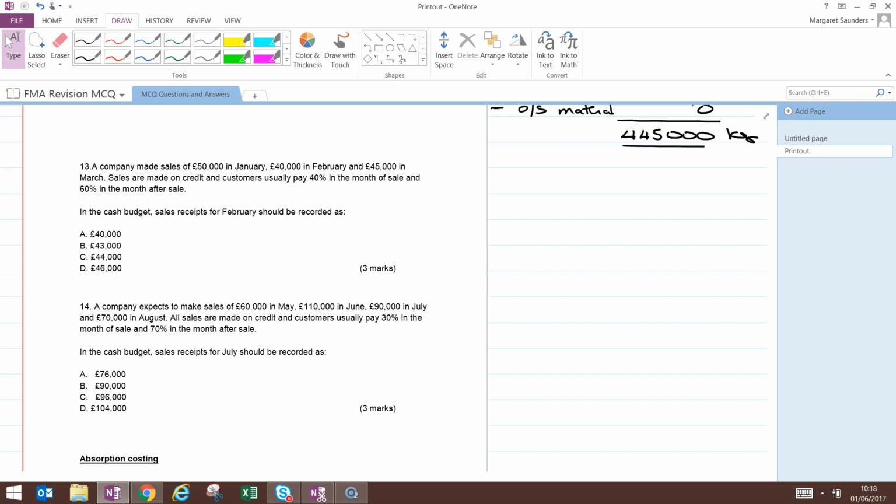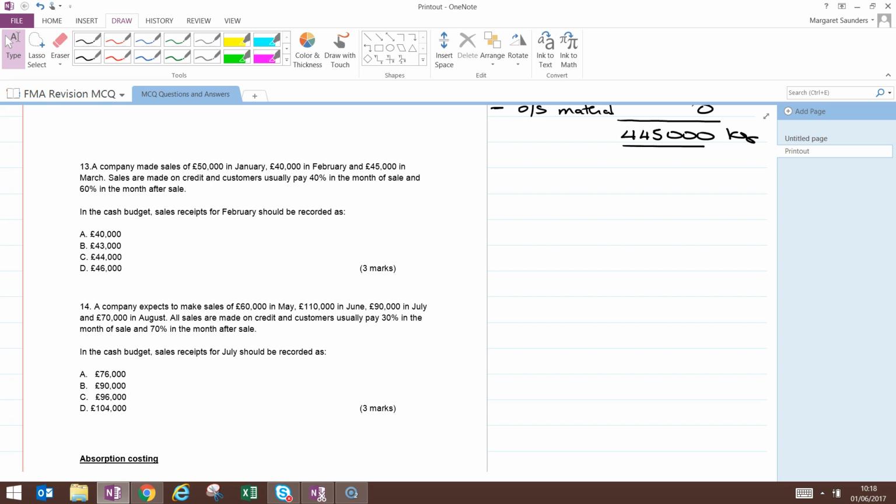Sales are made on credit and customers usually pay 40% in the month of sale and 60% in the month after. So in the cash budget, the sales receipts for February should be recorded as, and we've got 4 choices.